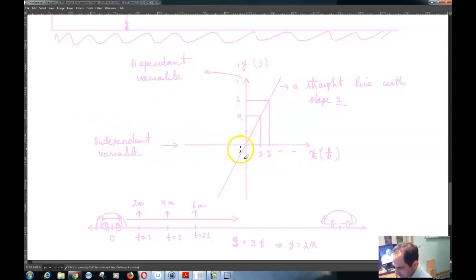Now in this situation, we can say that distance is a function of time.